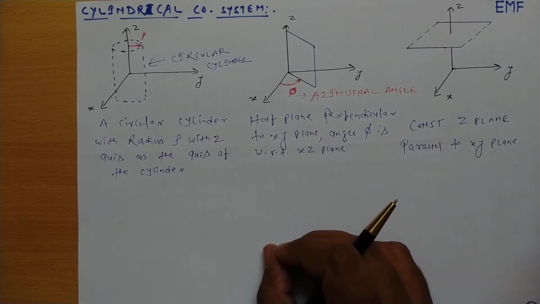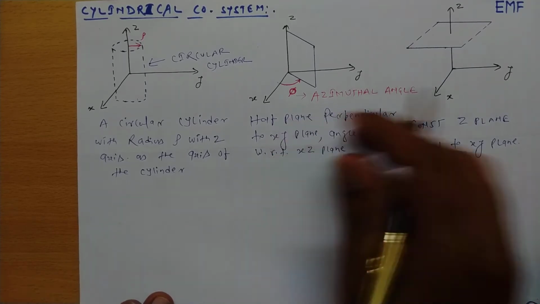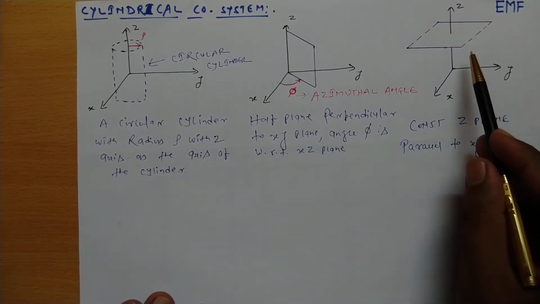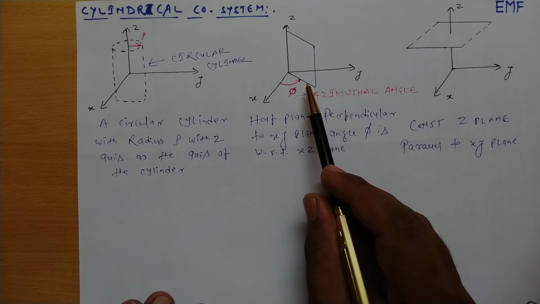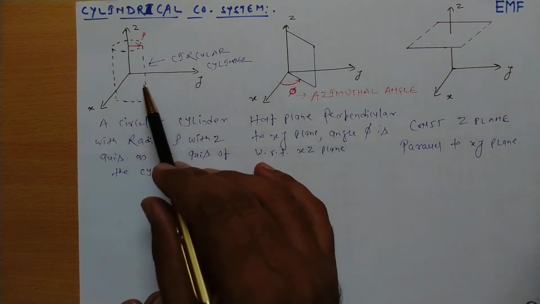So we require three things to analyze the cylindrical coordinate system: a constant z plane, a half plane perpendicular to the xy plane, and a circular cylinder of radius rho.